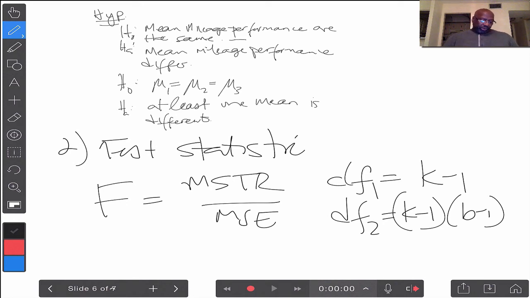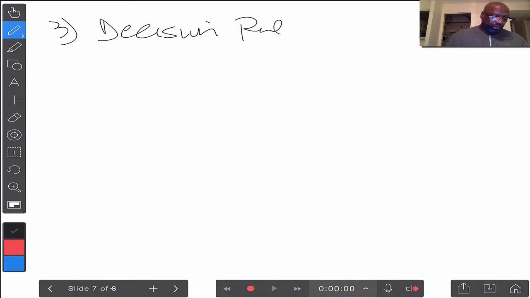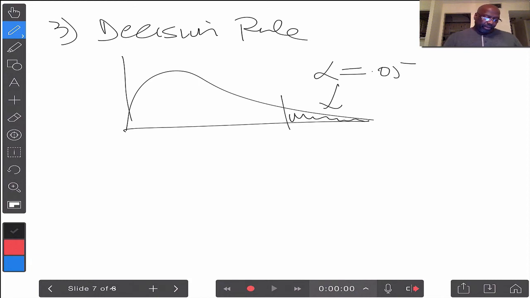Now we want to go to step 3, decision rule. So the decision rule, this is alpha, 0.05. We want F critical.